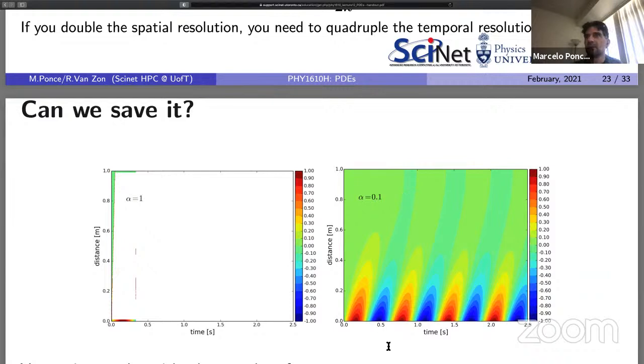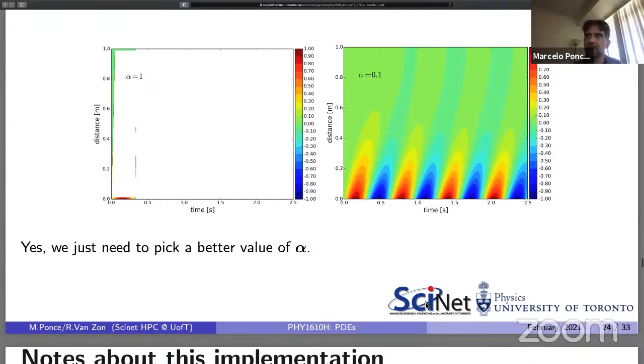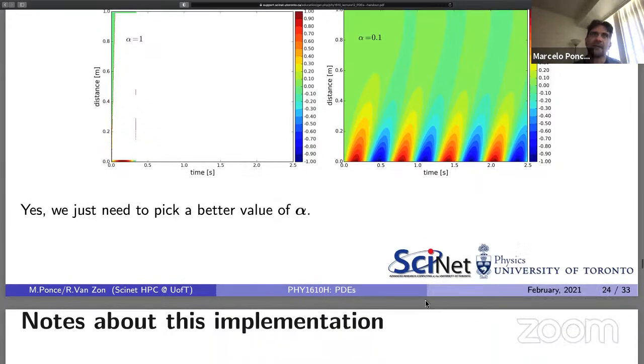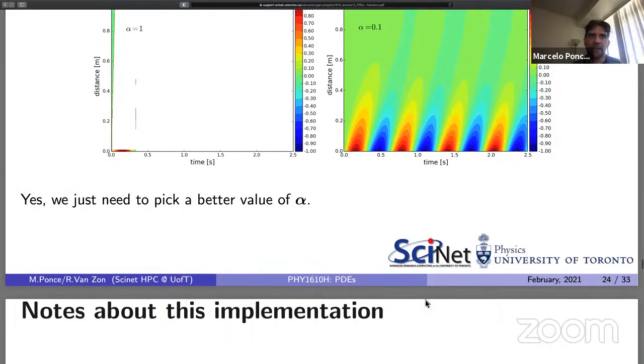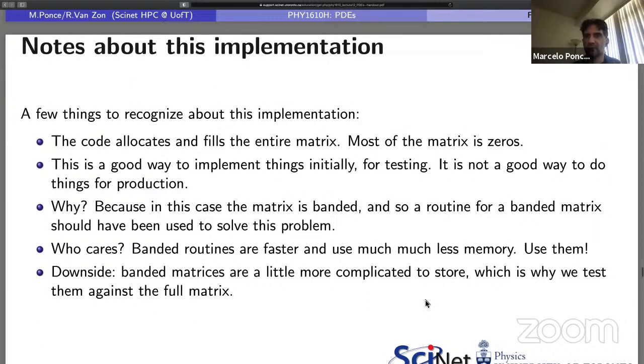Okay, so we need to pick a proper value of alpha. That's the bottom line. Just a few things about the implementation, and unfortunately, as I was telling you at the beginning, we won't have time to discuss the other methods, but the material is there in case you're interested in looking at it.